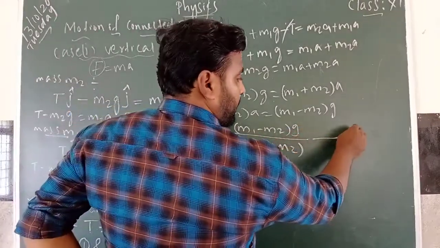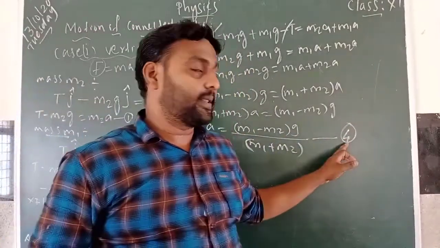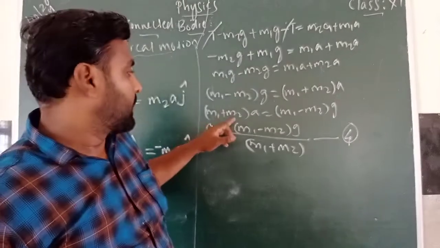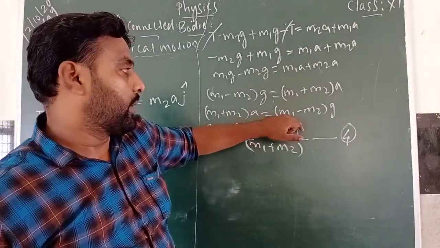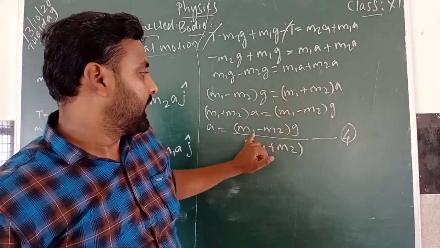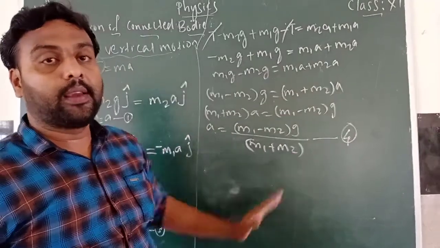Now this you keep as equation 4. You see from this step again we are finding A: M1 minus M2 into G divided by M1 plus M2.